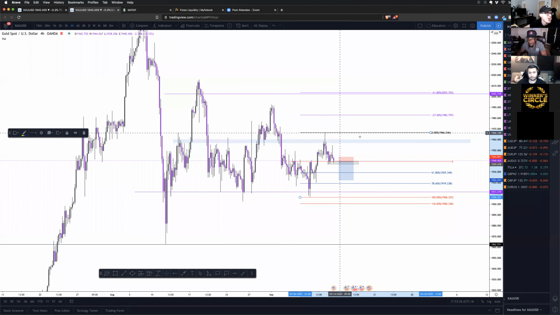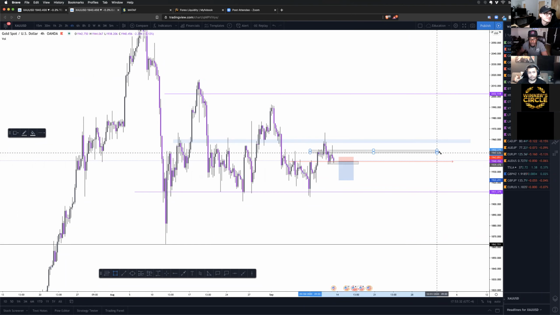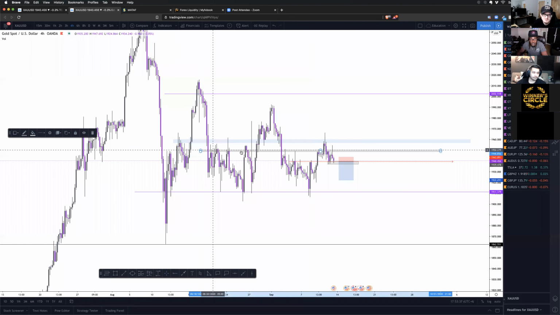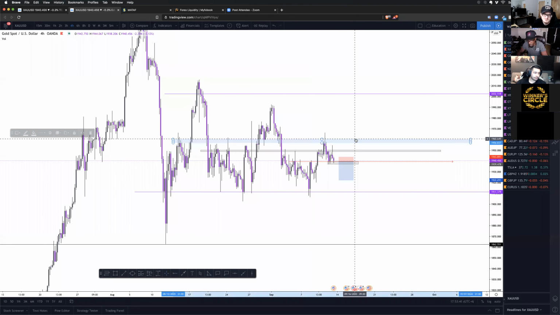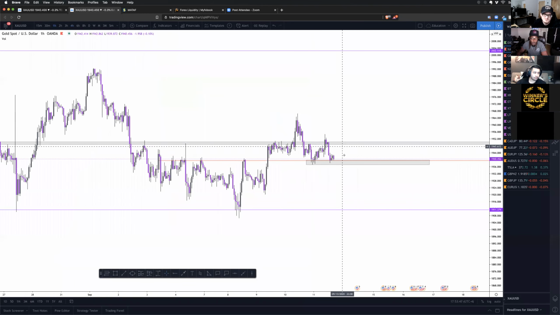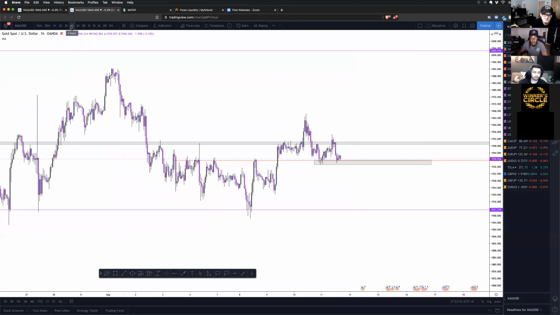I would just wait to see some type of pullback. I feel like these regions here, wicks, we drag it across, resistance. Yeah, I'd wait to see a pullback. It's moving sideways, so I'm not going to speculate.